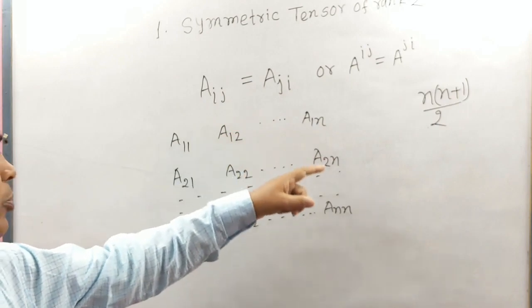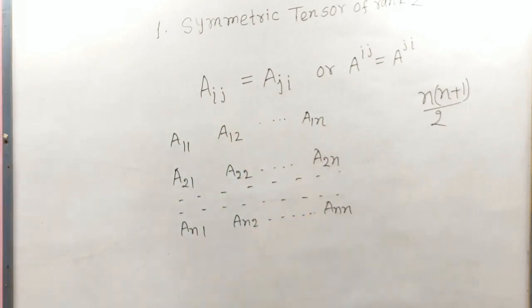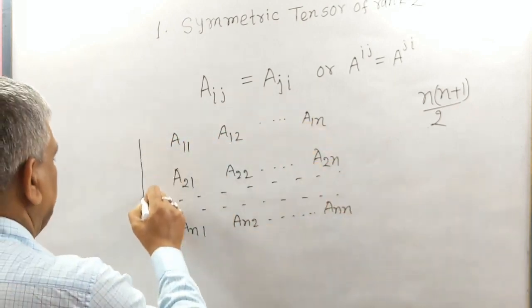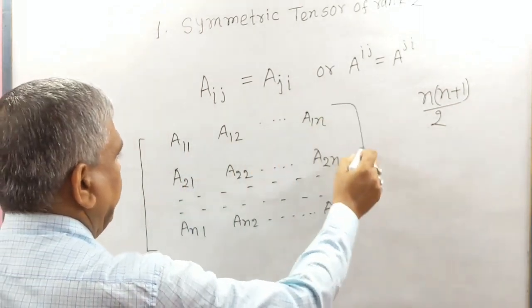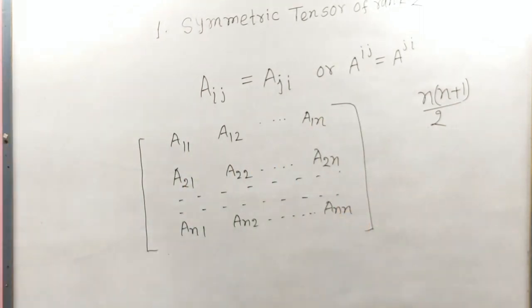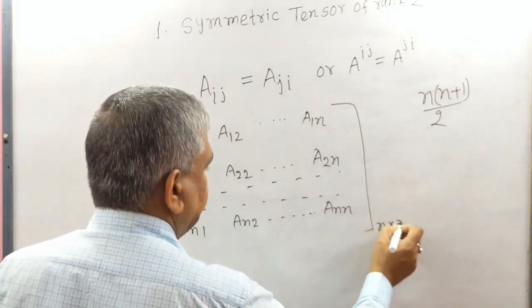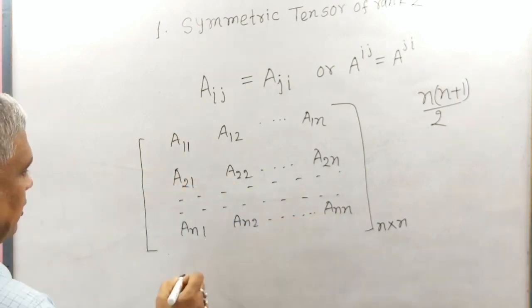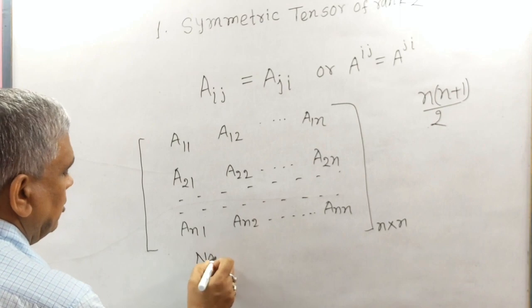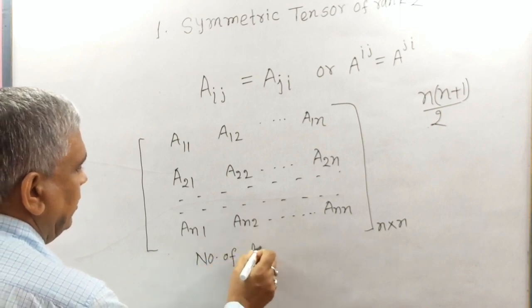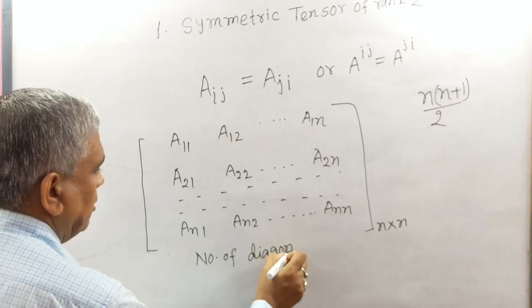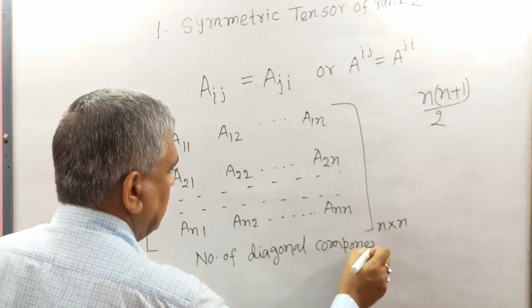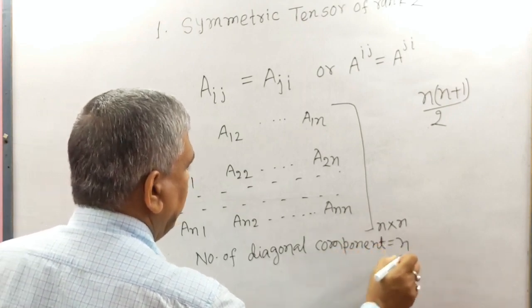Here the number of components equals n square, as it is an n by n matrix. The number of diagonal components equals n.